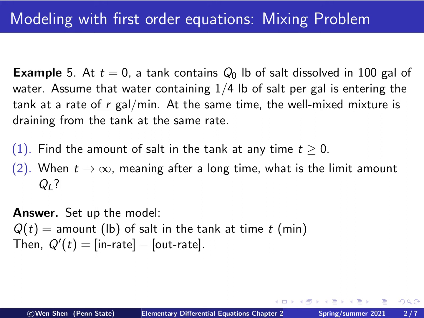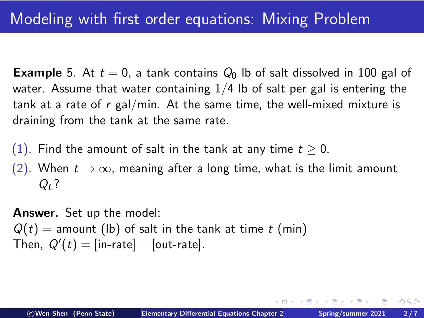Well, we see that two things happen. One is you are pouring in a mixture of salt and water. And the second thing is you are letting the well-mixed mixture flow out at the same rate.